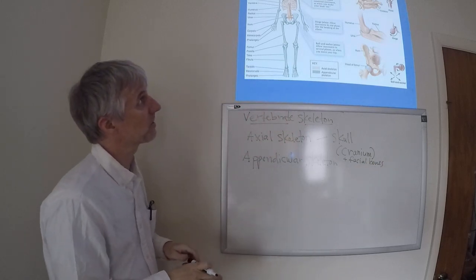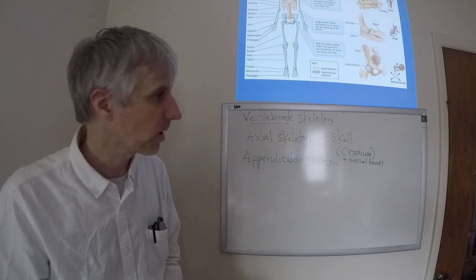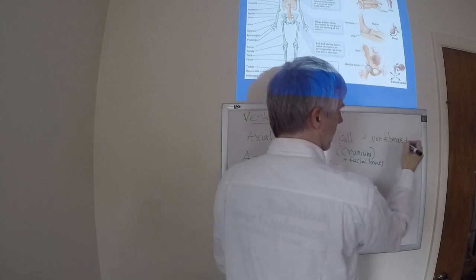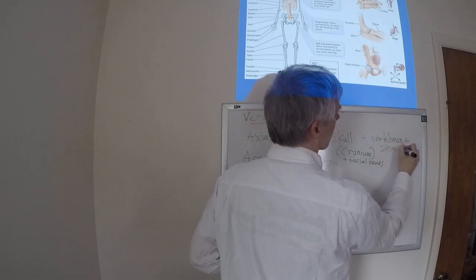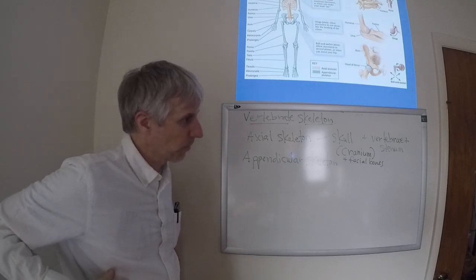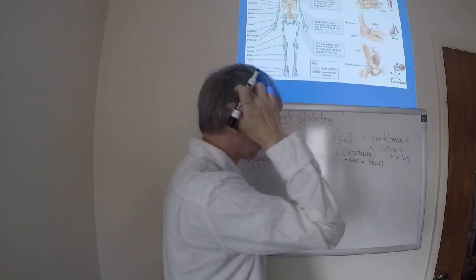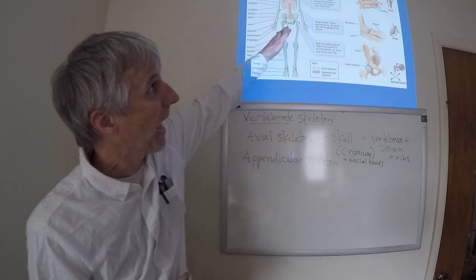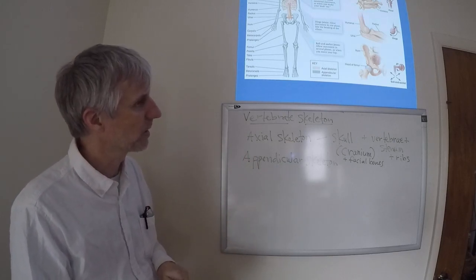So the cranium plus the facial bones is the skull. The vertebral column, plus the sternum, and the ribs that come off of the vertebral column. Okay? That's the axial skeleton. It's the main axis, anterior, posterior, or superior, inferior if we're talking about humans.